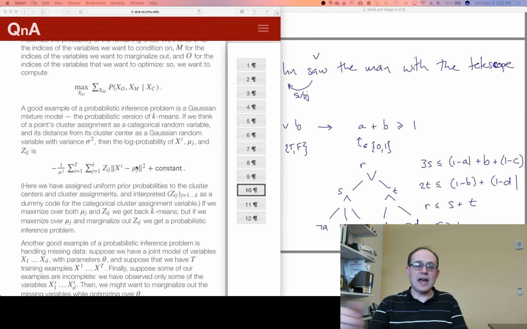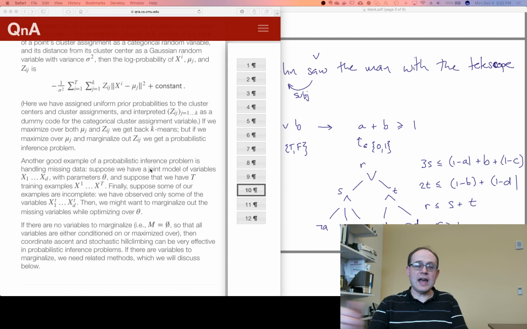This is just the k-means objective, and in fact if we optimize over z and mu, we get back k-means. But in this, what we want to do is marginalize over z, right? So we want to take the version of this, we want to marginalize the probability over z, which is going to wind up getting us a more difficult optimization problem.